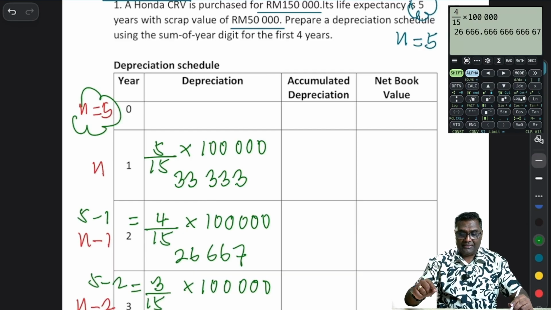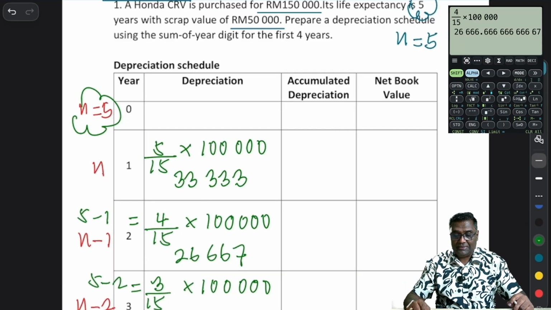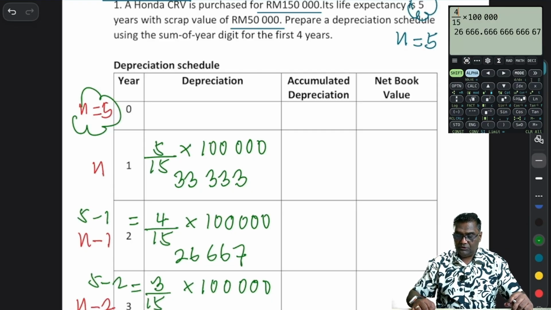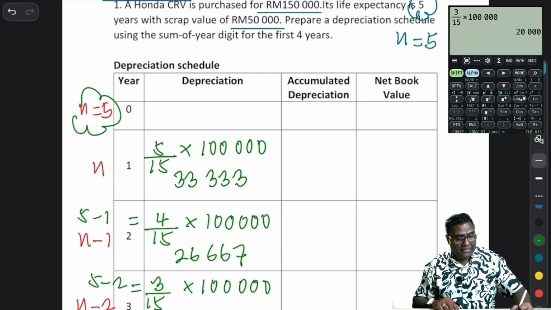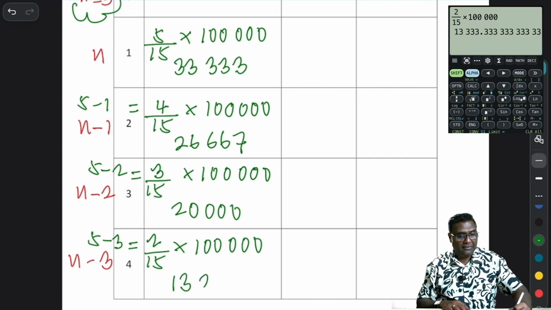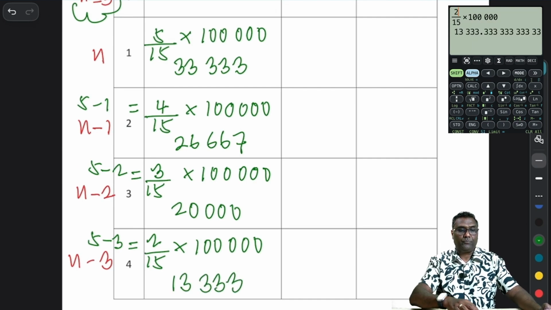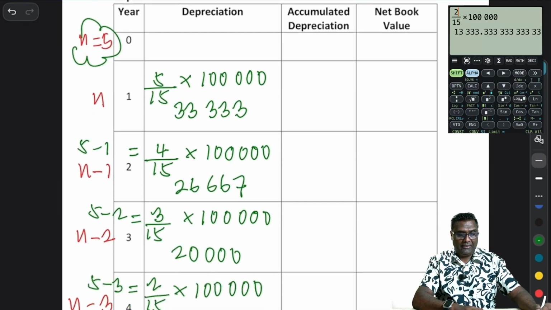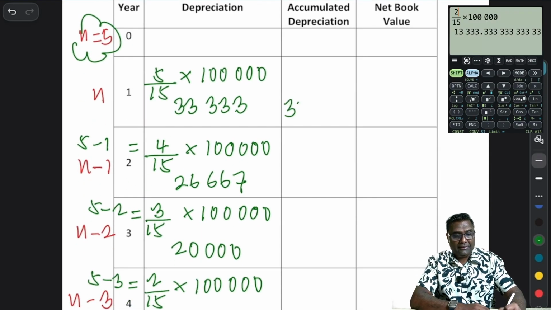You can see it's 666.66, so no decimal, 667. Next, I change this to become 3. 20,000. Next, I change this to become 2. 13,333. Okay. Accumulated as the normal, 33,000.